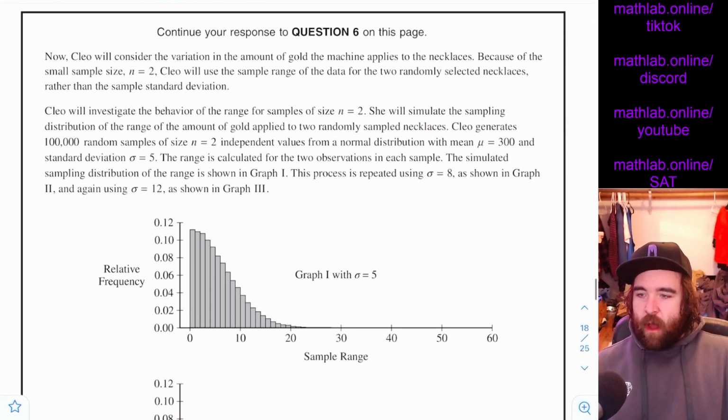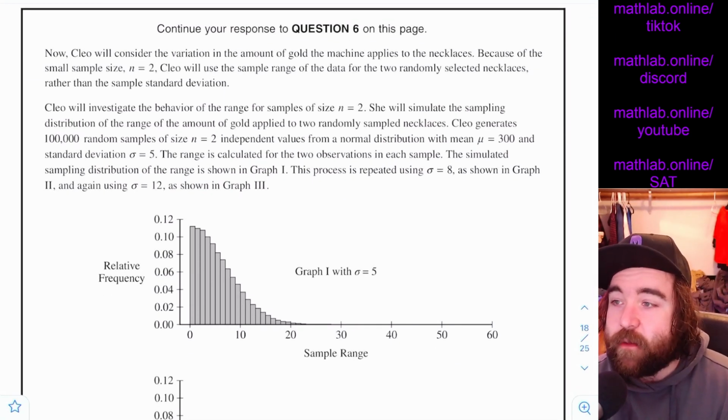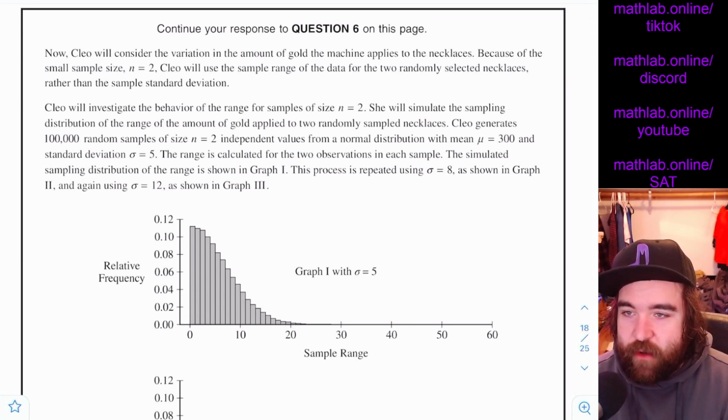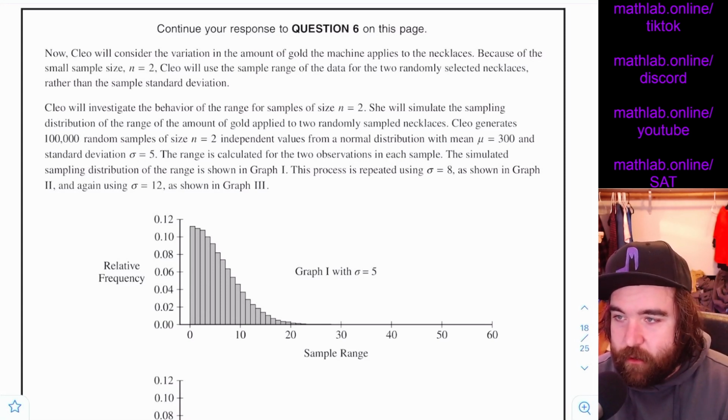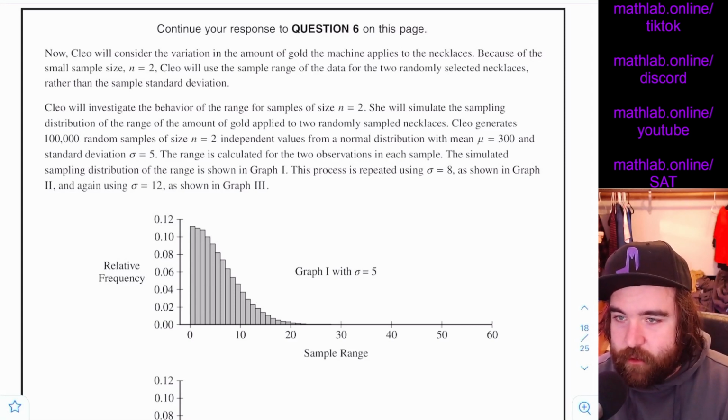Next. Now, Cleo will consider the variation in the amount of gold applied to the necklaces. Because of the small sample size of 2, Cleo will use the sample range of the data for the 2 randomly selected necklaces rather than the sample standard deviation. Cleo will investigate the behavior of the range for samples of size n equals 2.